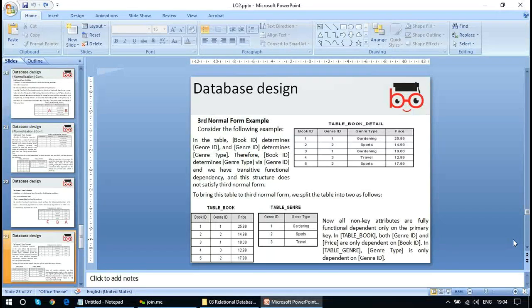So that's basically the third normal form. That's not the only example; you can find lots of examples on the third normal form, and there are more forms as well.